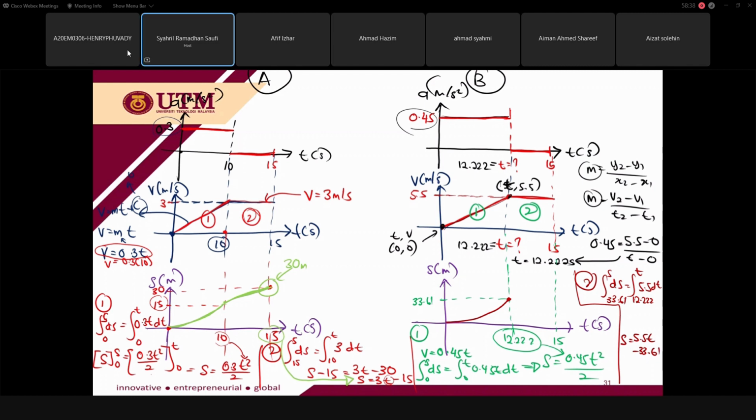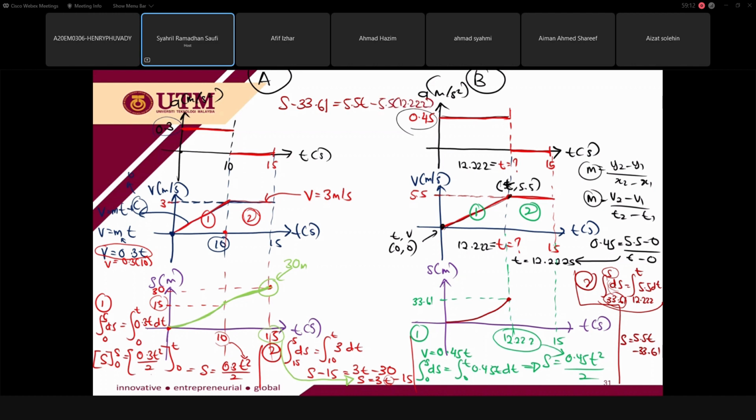First you need to integrate ds, which means that you get S. So the left hand side is S minus 33.61, equal to, for the right hand side, 5.5T minus 5.5 times 12.222.